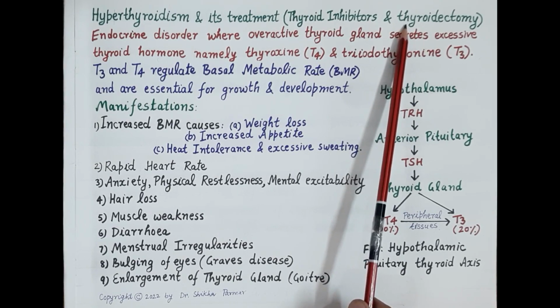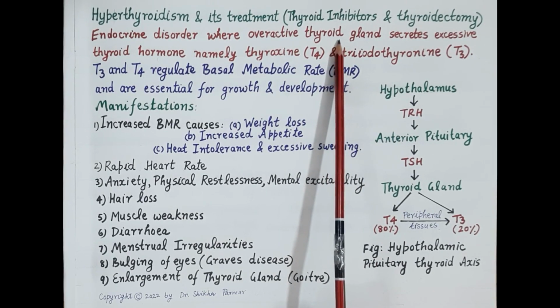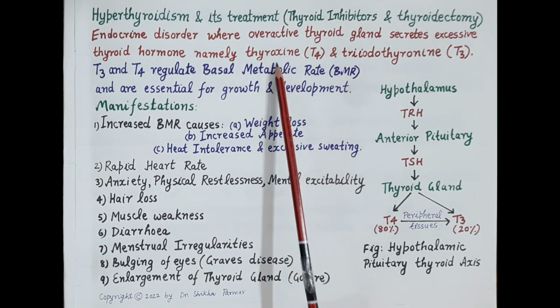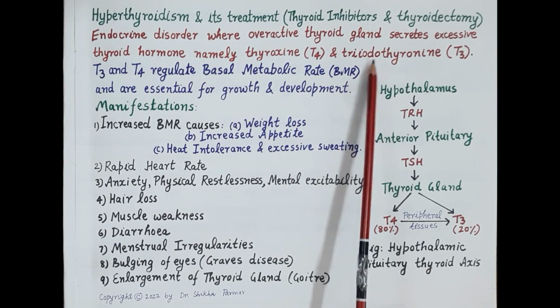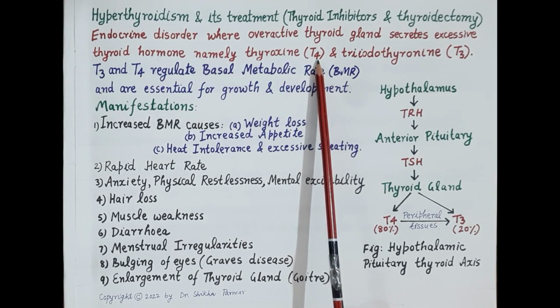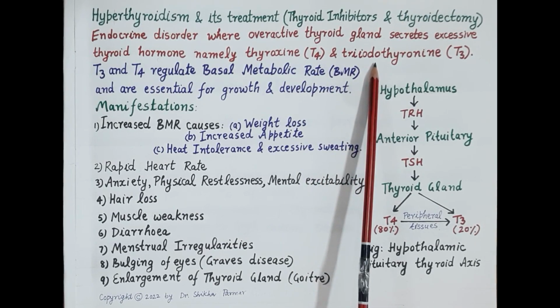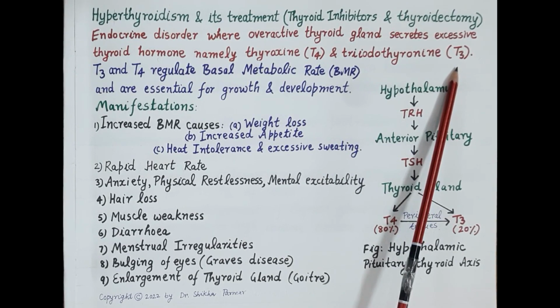Now, as we all know, thyroid gland is a butterfly-shaped endocrine gland located in the neck region. Thyroxine and triiodothyronine hormones are secreted by the thyroid gland. Thyroxine consists of 4-iodine and therefore it's popularly known as T4, whereas triiodothyronine consists of 3-iodine and it is known as T3.